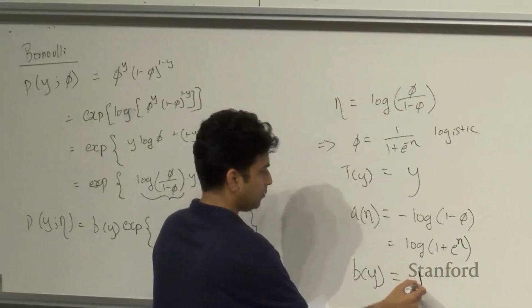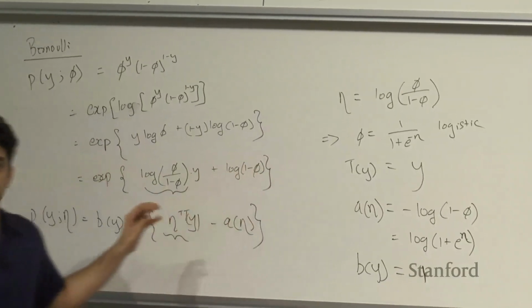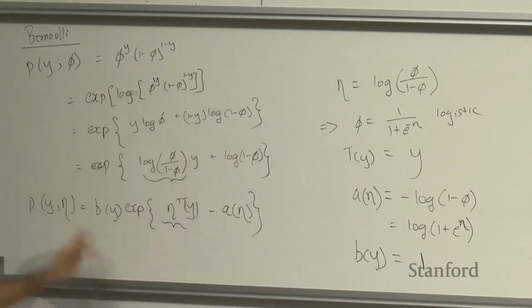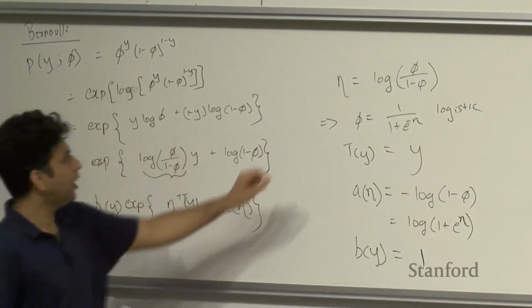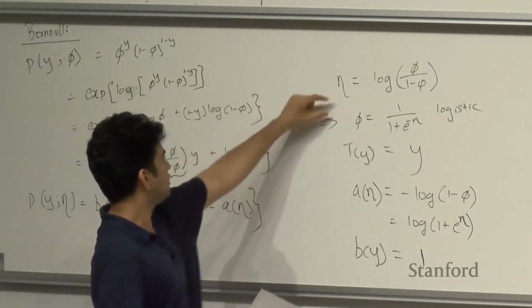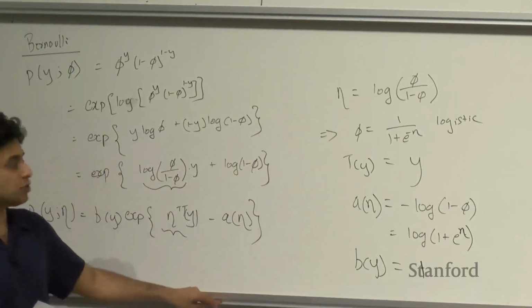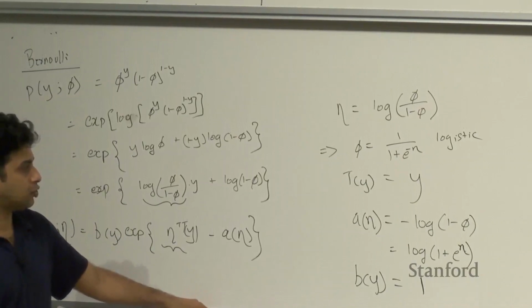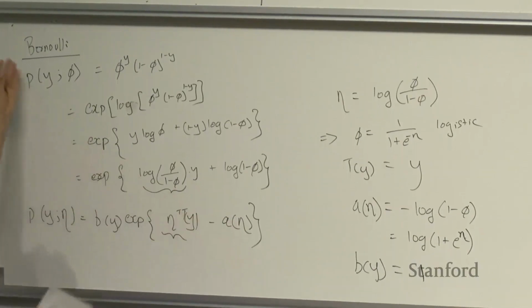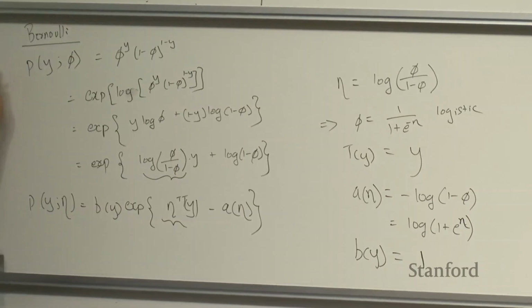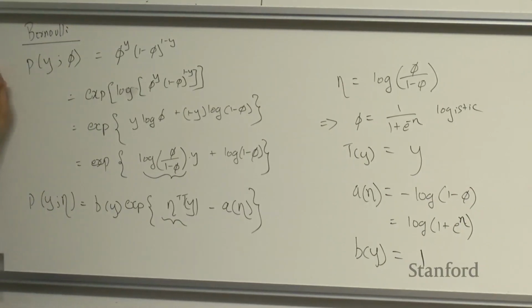So start with the density function, massage it into this form, and using pattern matching, extract out the relevant terms of the exponential family. And so we have shown that the Bernoulli distribution belongs to the exponential family.